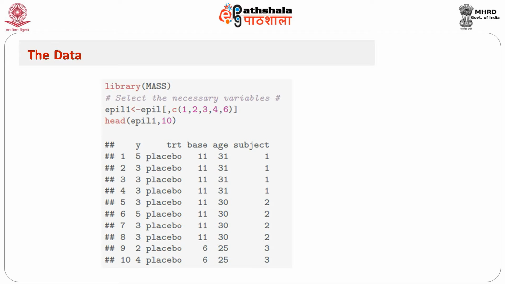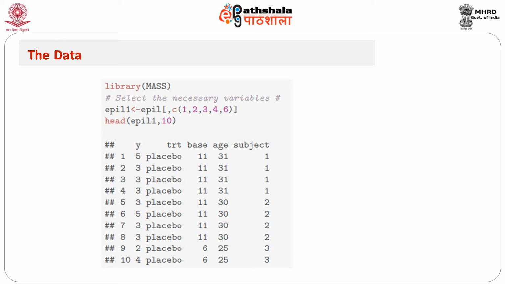So, just to see what the data contains, we have Y, which is the response, we have the treatment. So, treatment are either placebo or Prograbide, then base. Now, here base means the number of seizures that had happened prior to administering the placebo or the Prograbide drug, and this is in a 8-week period.